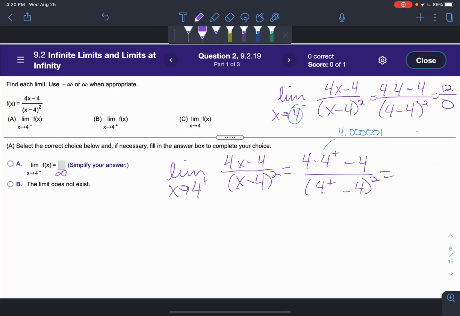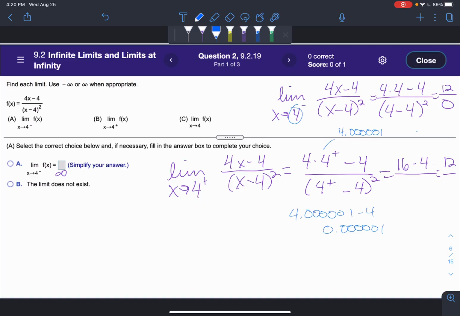So my numerator, 4 times 4 and a little bit of change, would be about 16 again, minus 4. So we'll still come out with a number on top, which is good. Now let's look at the bottom. If I were to subtract 4 from a number like 4.00001, I would get 0.00001.